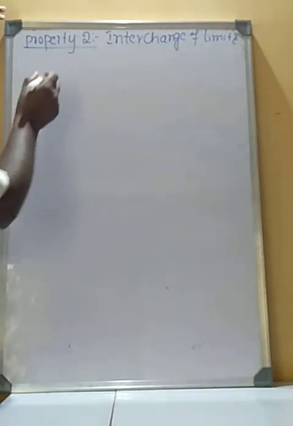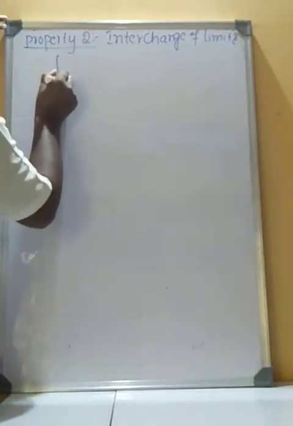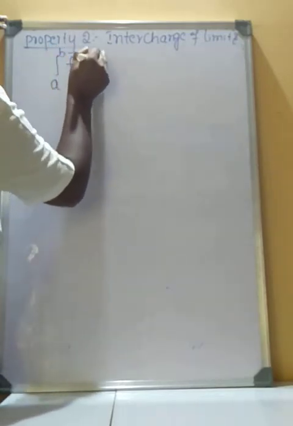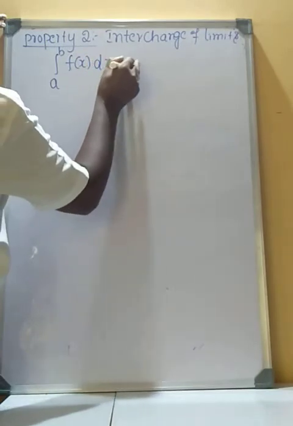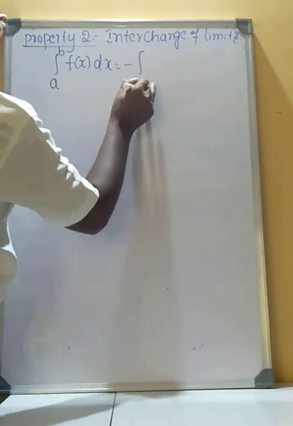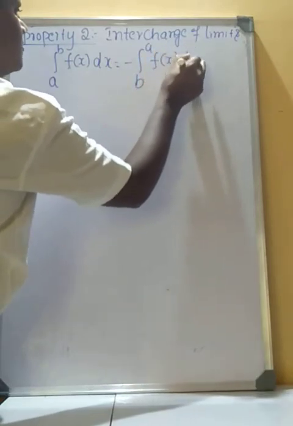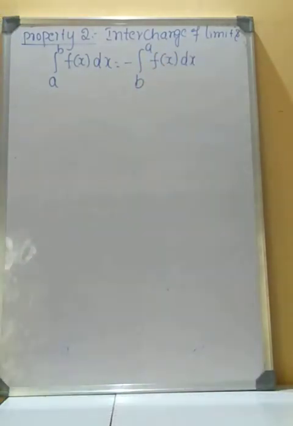The first property is independent of variable, the second property is interchange of limits. That is, integral a to b f of x dx is equal to minus integral of b to a f of x dx.